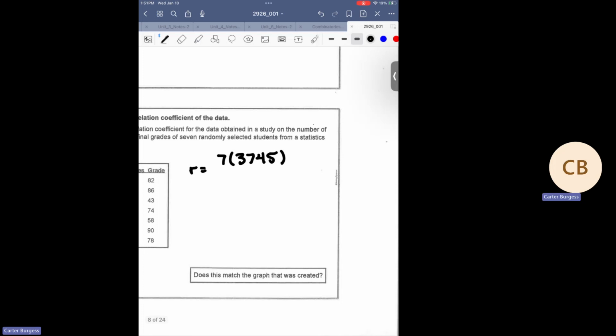What is the sum of the x's? So it's going to be the sigma x. 57. What is the sum of the y's? 511.